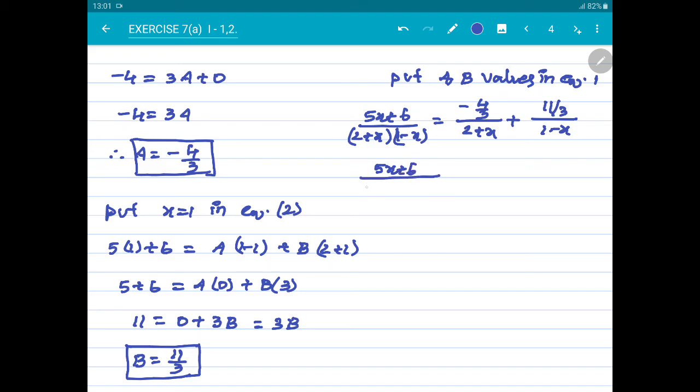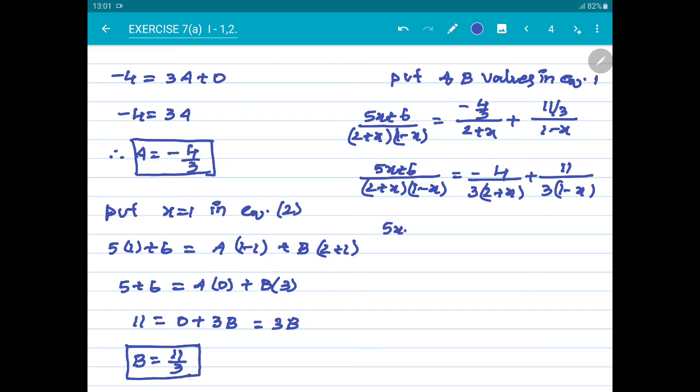(5x + 6)/((2 + x)(1 - x)), and on the right -4/3 times 1/(2 + x) plus 11/3 times 1/(1 - x). Always better to write the plus term in the first position.